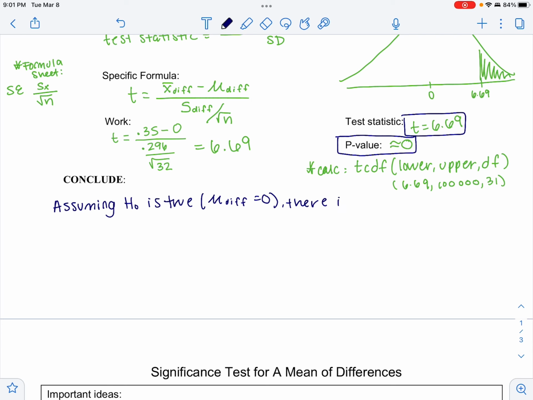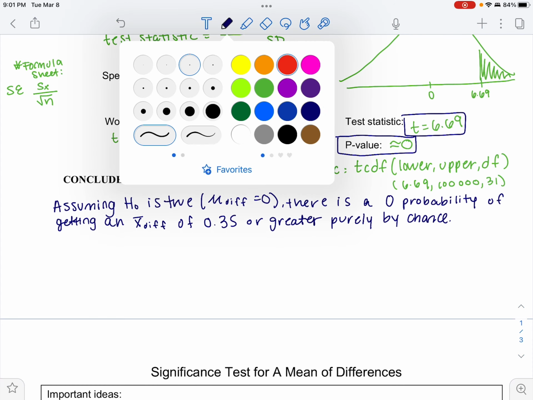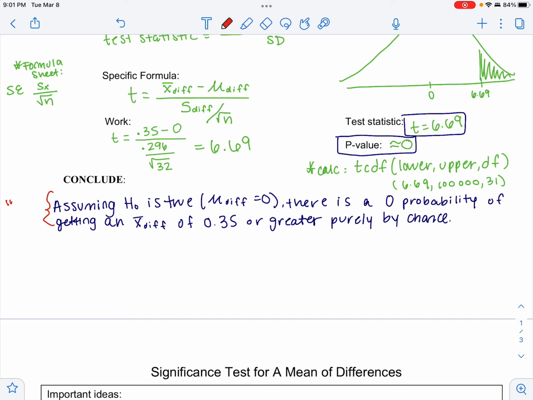There is a 0 probability, remember that's just our p-value, of getting an x bar sub difference, so a sample mean of 0.35 or greater, because we shaded above, purely by chance.